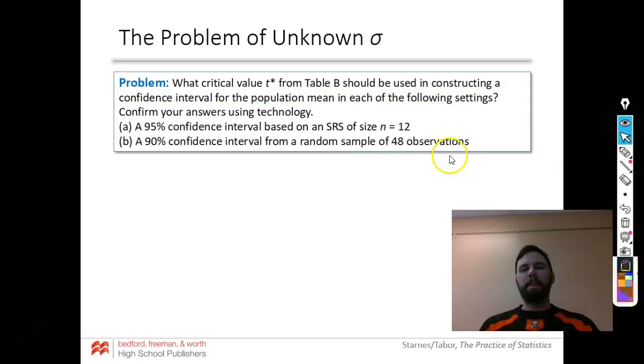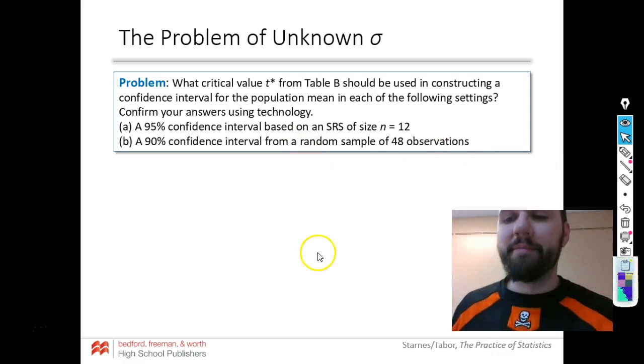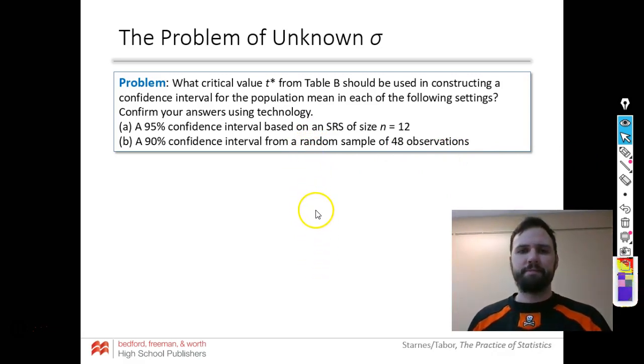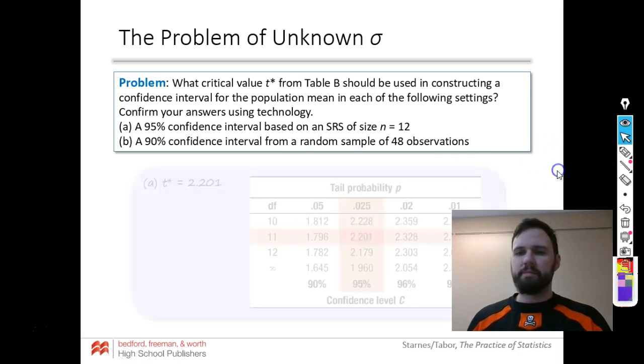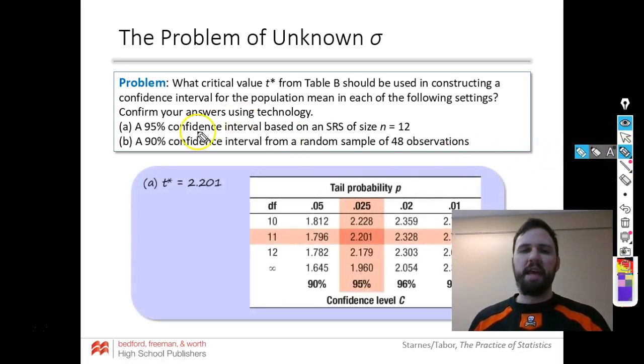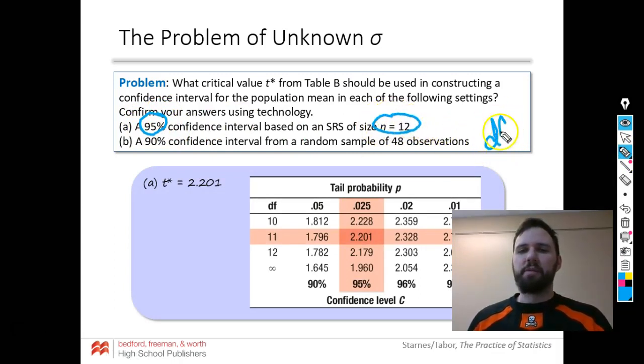Let's look at one. Let's learn how to use the table. Table B! Alright. So in A, we want 95% confidence with a sample size of 12. So my degrees of freedom are going to be 12 minus 1, right?